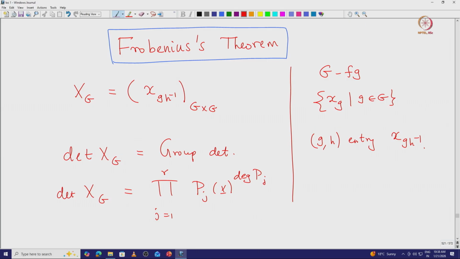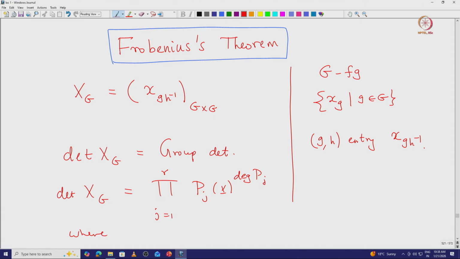This is the factorization that we will be getting. Here, what are these p_j(x bar)? They are pairwise non-proportional irreducible polynomials, and this r is indeed the number of conjugacy classes of G.